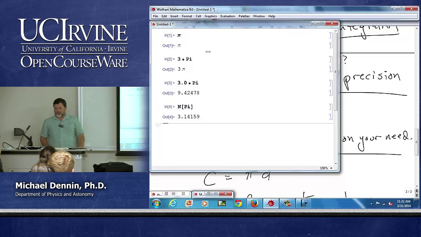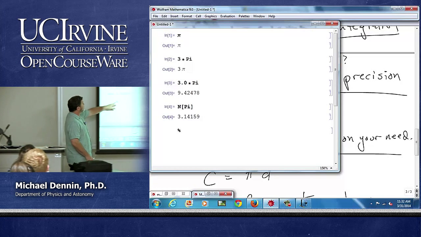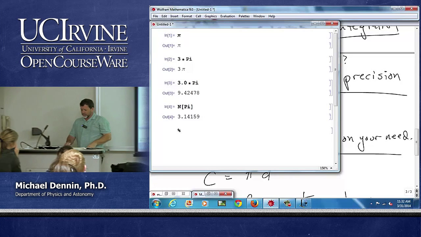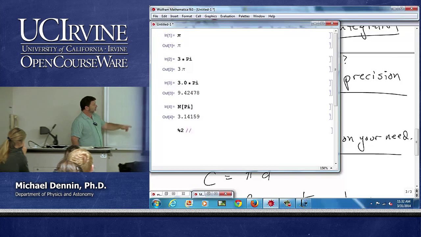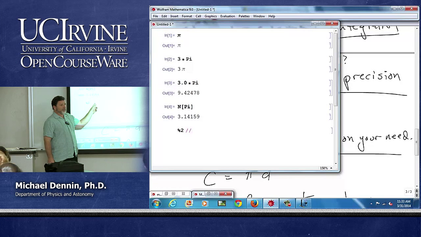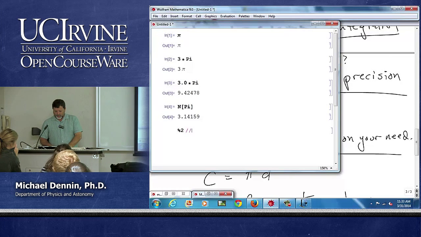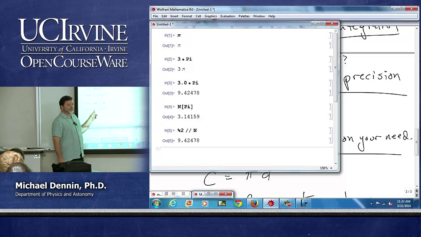The other cool thing is I can go back to old expressions using the percent, and suppose I want to see what output 2 is numerically, I can do %2. A double slash will execute whatever function I put there on whatever's in front of it. So now I do double slash N, and I get the numerical value of 3 pi.